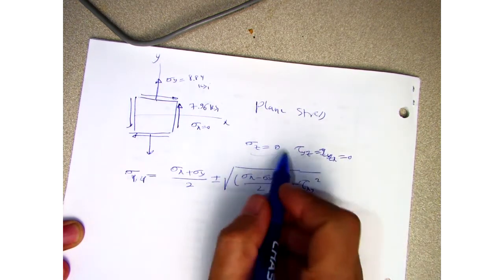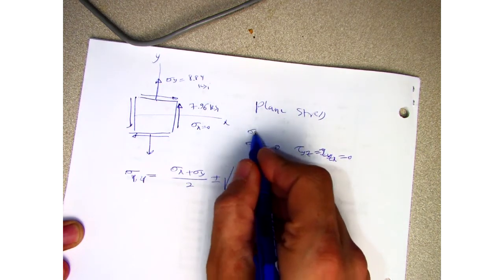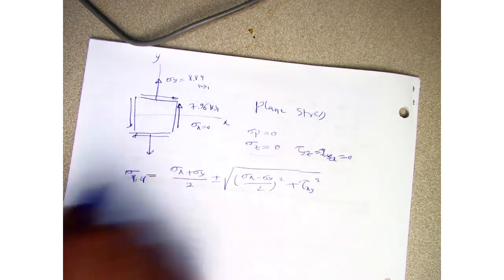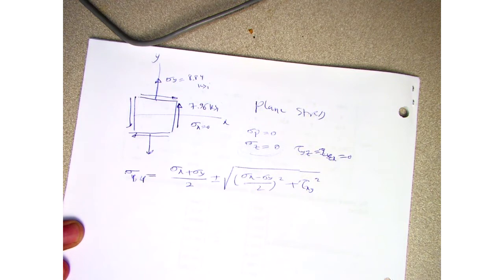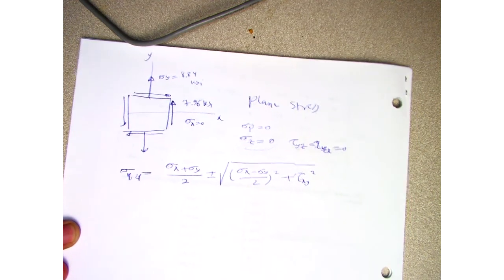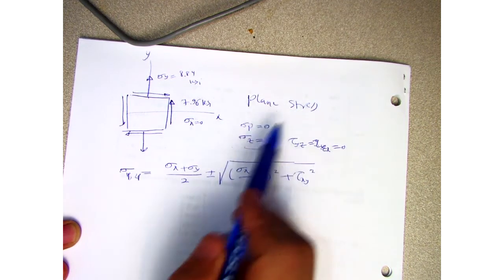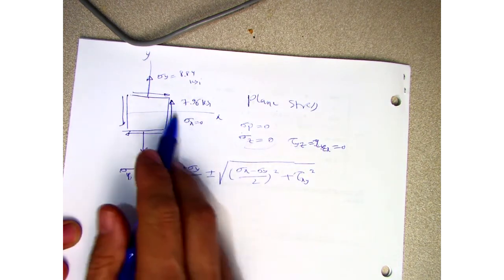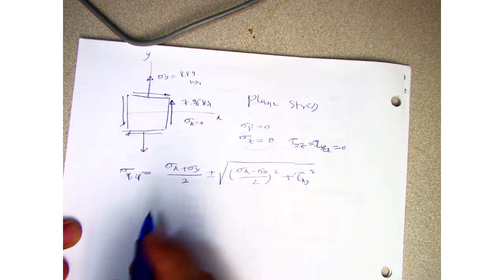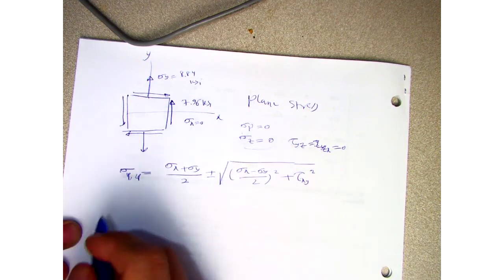So the third principal stress that I have is 0, right? We should always keep in mind that all problems are 3D, and in 3D, we have three principal stresses. But when you have plane stress condition, one of your principal stresses we know readily is 0. So for the other two on plane xy, you can use this formula to find them.